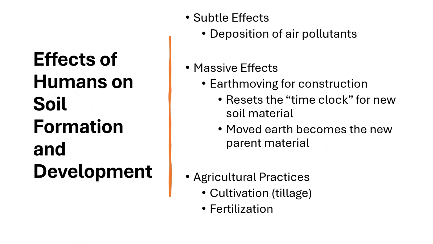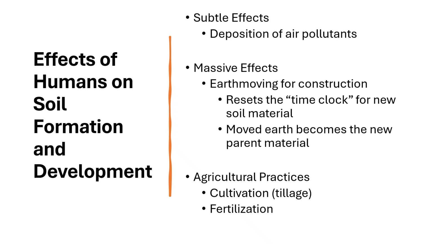Think about it. Very few soils on Earth have remained completely unaffected by human activities. These effects can be subtle, like the deposition of air pollutants, even far from our major cities, or they can be incredibly massive, such as the extensive earth moving involved in road construction. When we cut into a hillside to build a road, we're essentially resetting the time clock for that new soil back to zero.